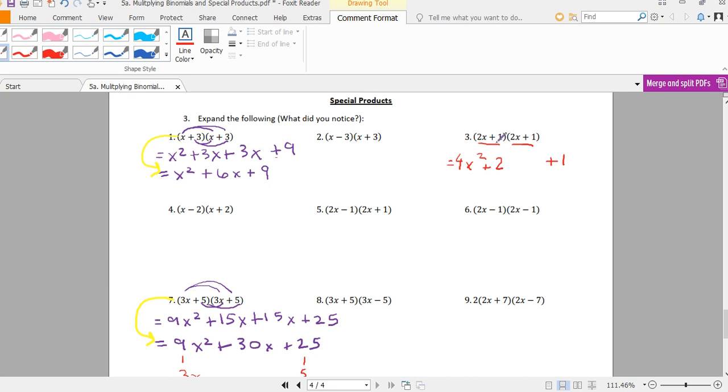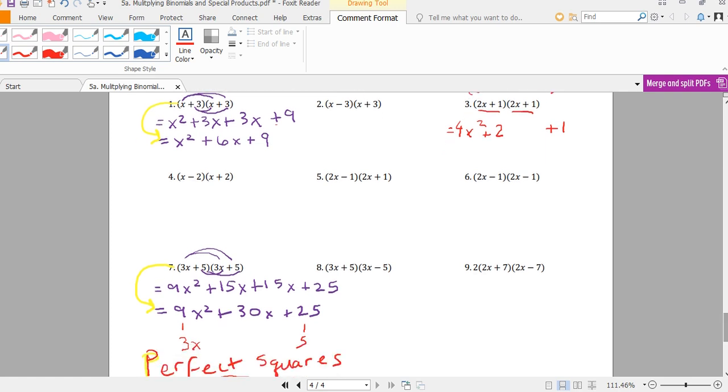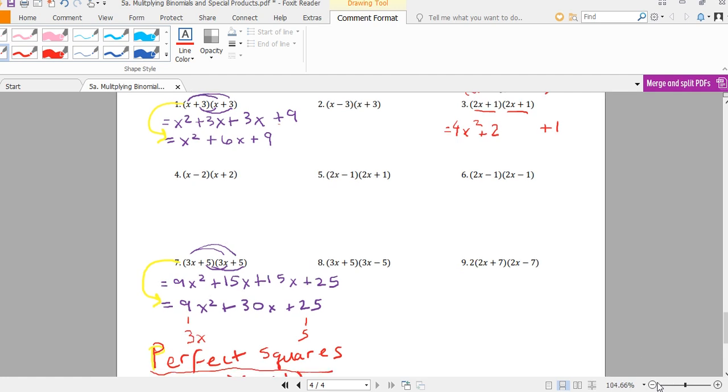A and B are, well, I'm just going to write A plus B, A plus B, okay? So it's just going to be A squared. Let me make it easier for you.